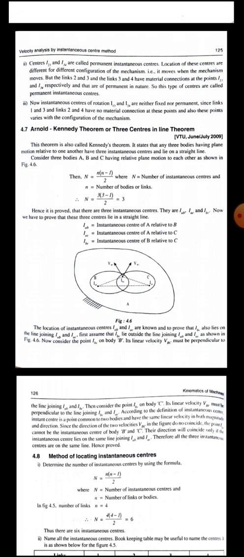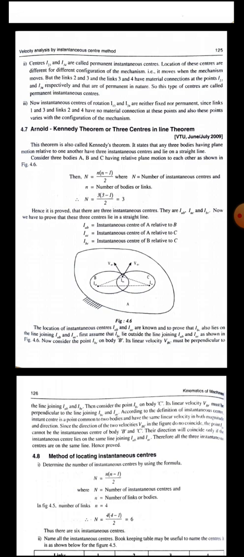Now, according to the definition of instantaneous center, an instantaneous center is a point common to two bodies having the same linear velocity in both magnitude and direction.